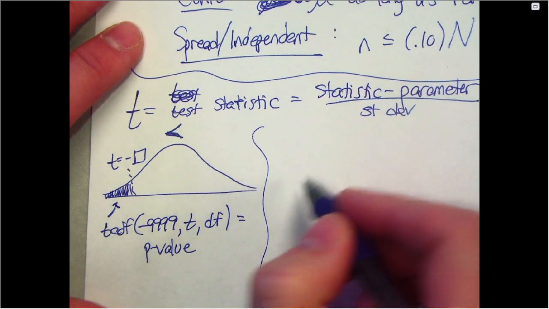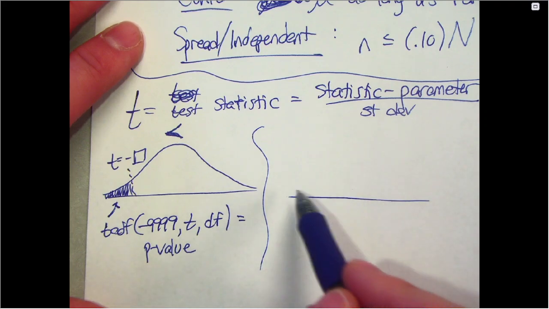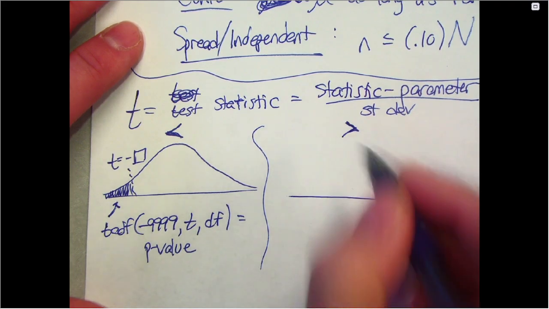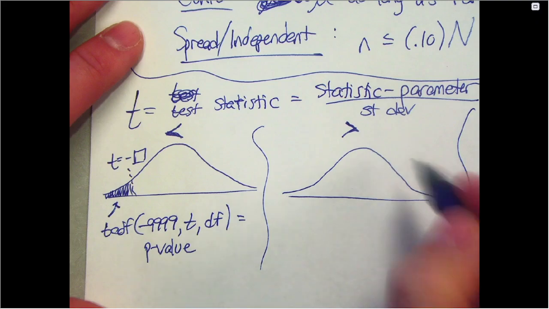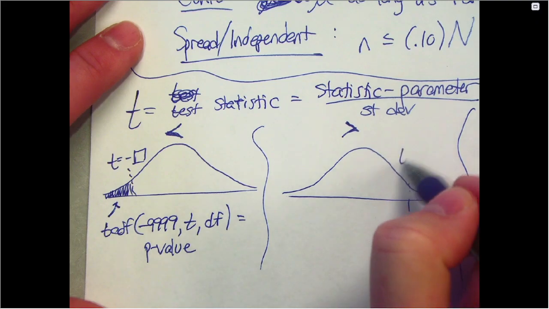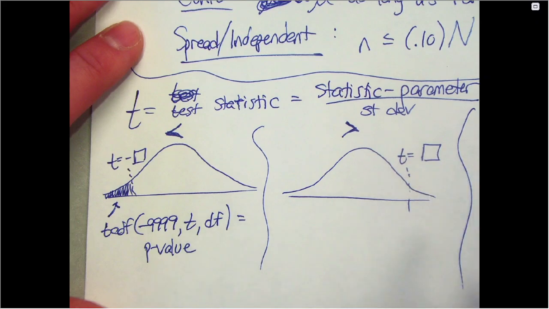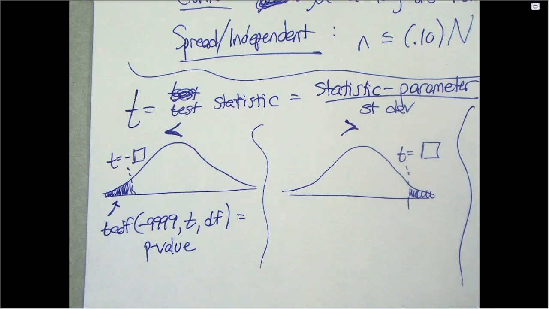If it is a greater than test, basically the exact opposite happens. You'll get a t-value over here. It'll be positive. You'll be shading to the right because greater than means above to the right.